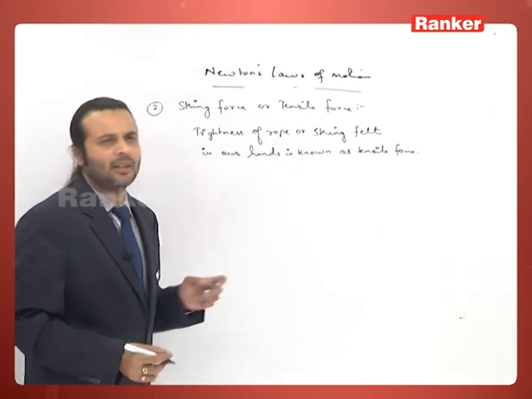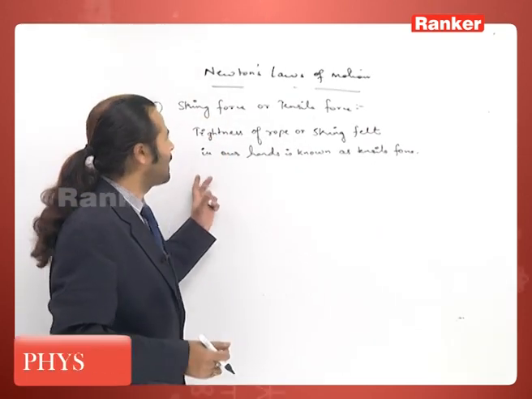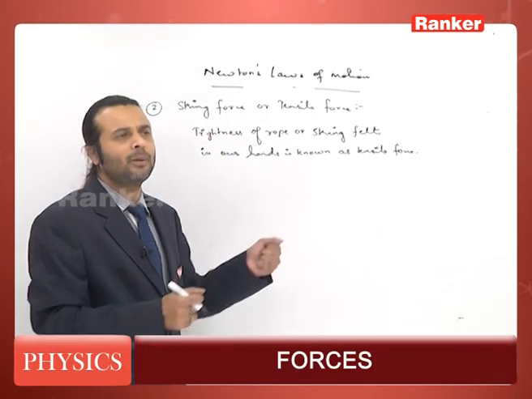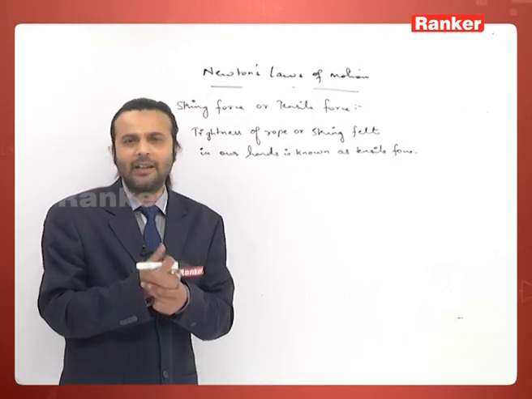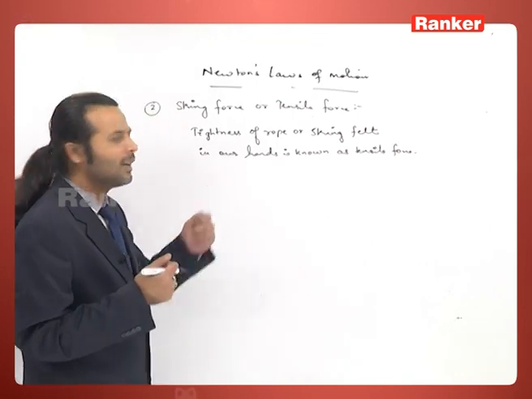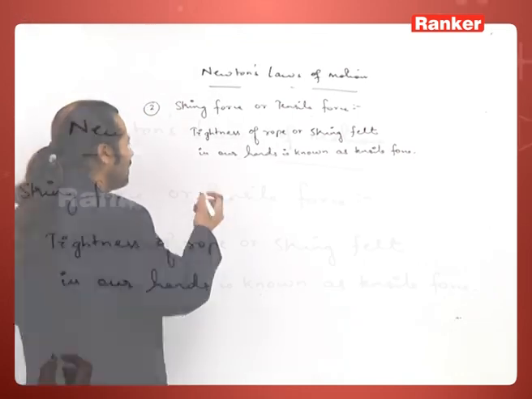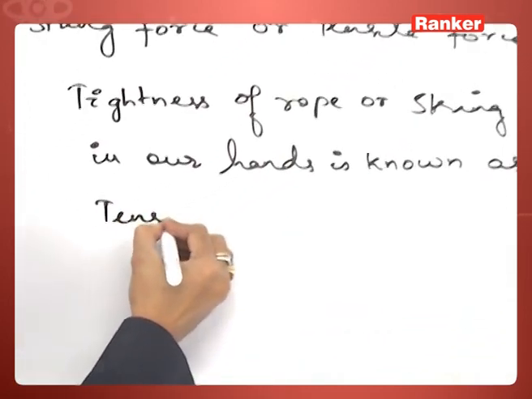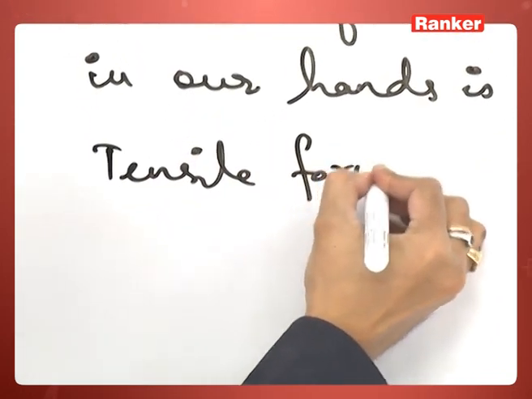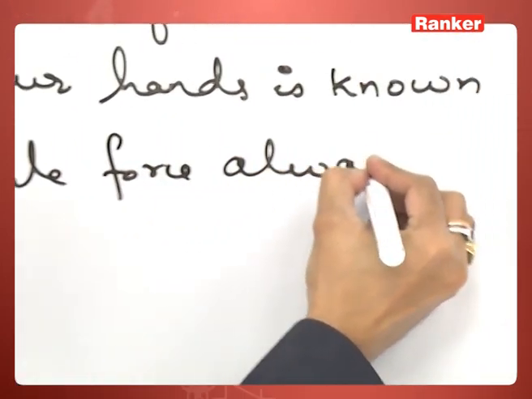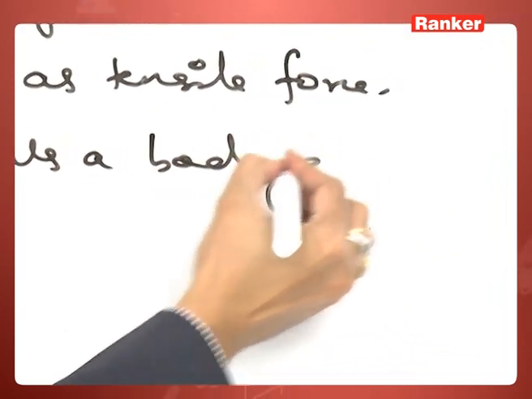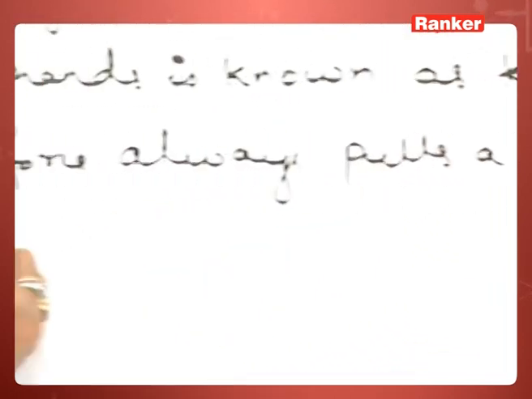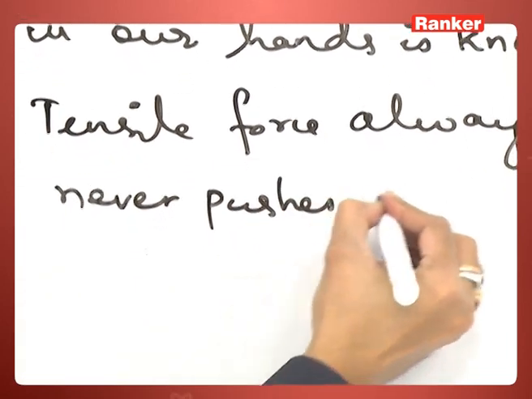In our childhood days we must have played tug of war. When we pull a string, the tightness of the rope felt in our hands is known as tensile force. Tensile force always pulls a body, never pushes a body.